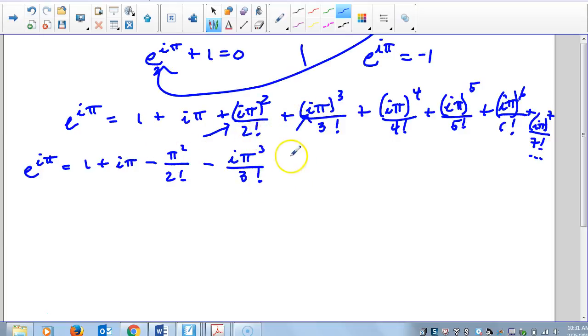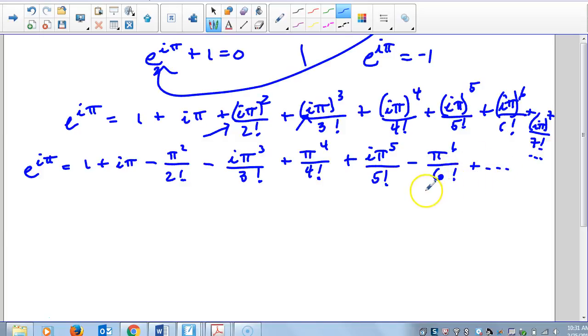This is why you had to know that pattern. This one's just going to give me pi to the 4th over 4 factorial because i to the 4th is 1. Then I'm going to get plus i pi to the 5th over 5 factorial. So these repeat in patterns of 4, which is why you still had the i there, minus just plain old pi to the 6th over 6 factorial plus, blah, blah, blah, keep on going.